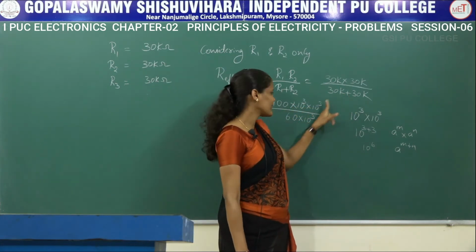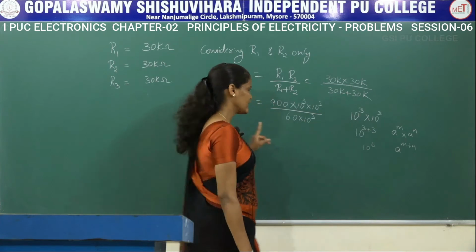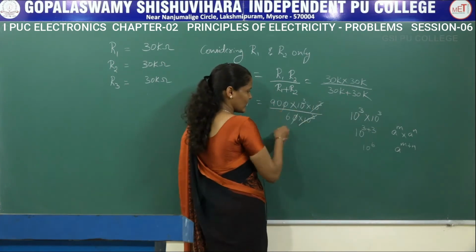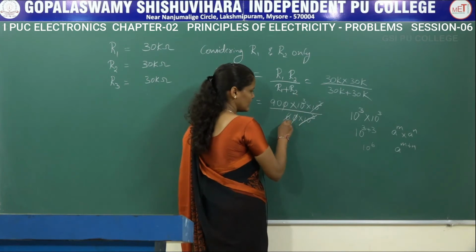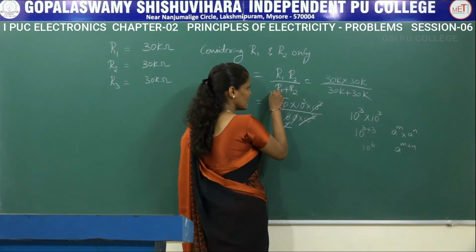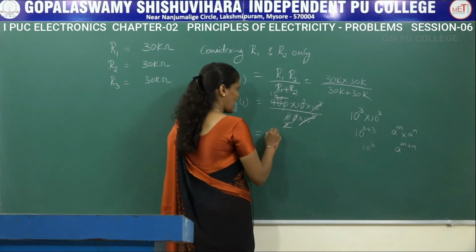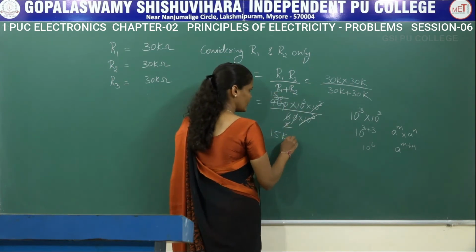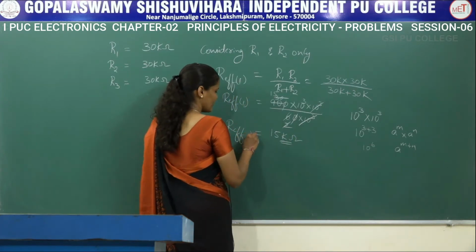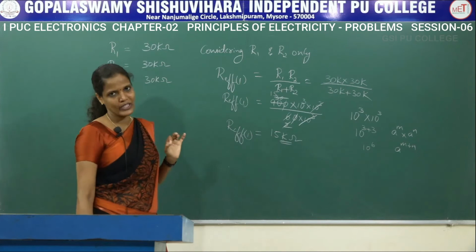I am just going to retain that kilo as it is. So this 10 to the power of 3, 10 to the power of 3 cancel, 0 cancel, 2 sixes are 12, 3 twos are 6, 1s are, 15s are. So R effective is equal to 15 kilo ohms. That is, the first R effective value is 15 kilo ohms.